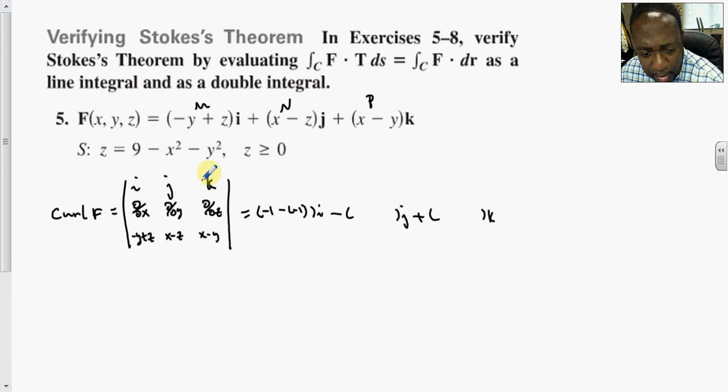Then we go to the j-th position, delete its row and column. So we operate the partial of this term with respect to x, that's 1. Then minus the partial of this term with respect to z, that's 1. Then we go to the k-th position, delete its row and column. So we have the determinant of the submatrix: this partial with respect to x, which is 1, then minus this partial with respect to y, that's a negative 1.